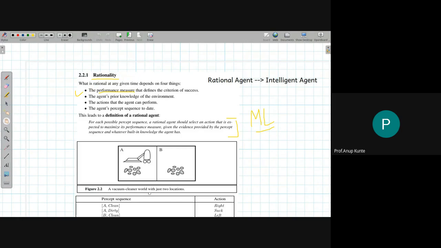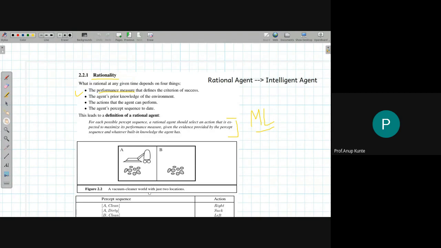If your designer has not done an analysis of the environment and not provided the agent with ample knowledge about the environment initially, then it is the responsibility of the agent, based on the percepts it sees, to try and model the environment and build better and better representations of it.